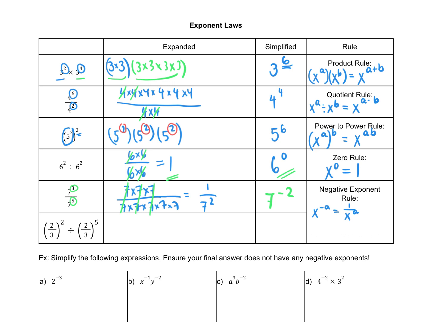Now, how does this apply if your base is a fraction? Okay, well, let's expand it out. We would have 2 over 3 times 2 over 3 all over 2 over 3 5 times.